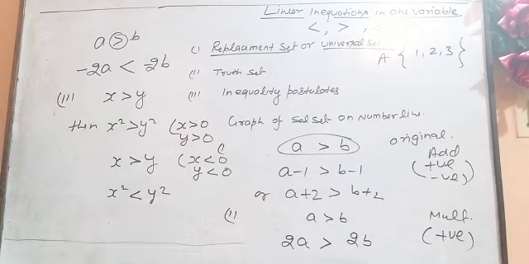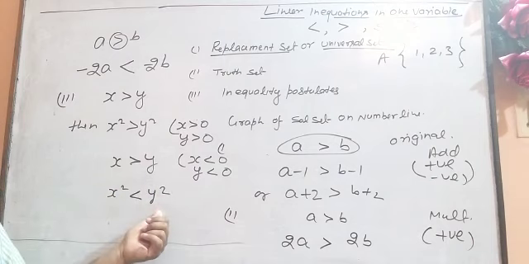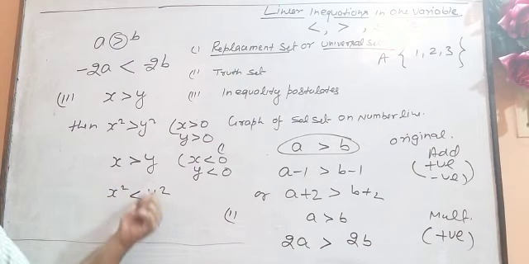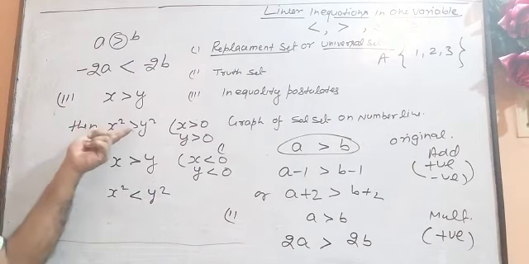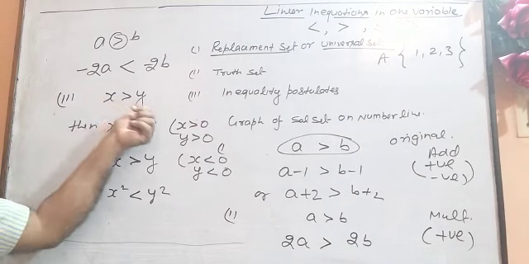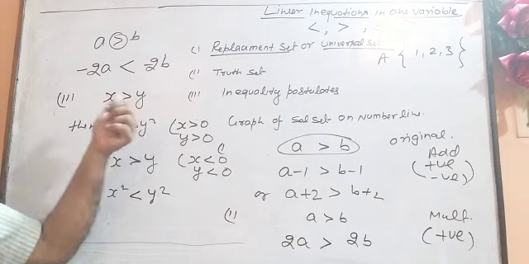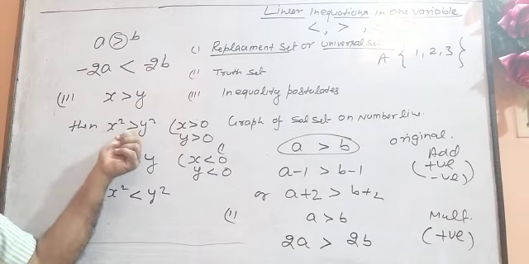So if we have an inequation in which on both sides negative numbers are there, and when we do the square, then the symbol of inequality changes. Remember, but if both sides we have positive numbers, then while doing the square, we don't change this symbol, it remains as it is.